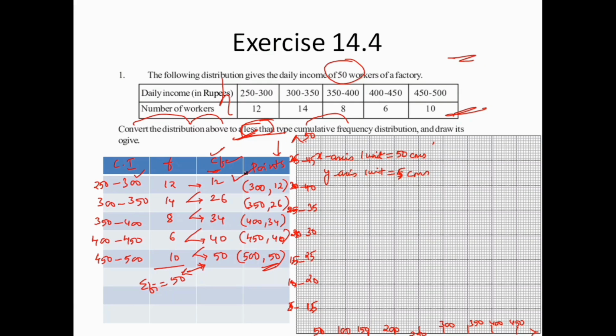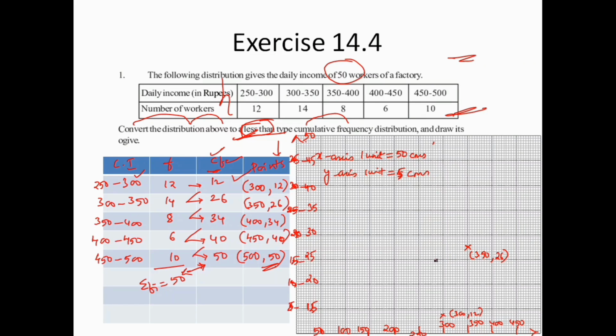If you look at this value, at 300 on the x-axis the y-axis is at 12, right? So this is 300, 12. The next is 350, 26. It is approximately over here, right? So I can take this as 350, 26.